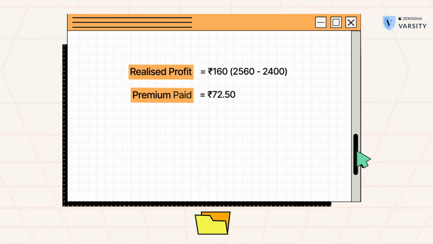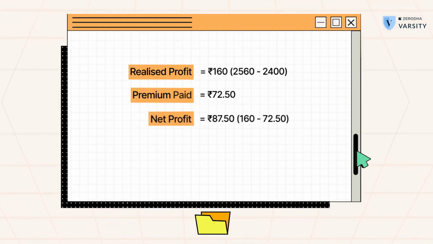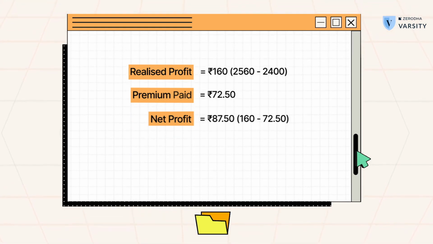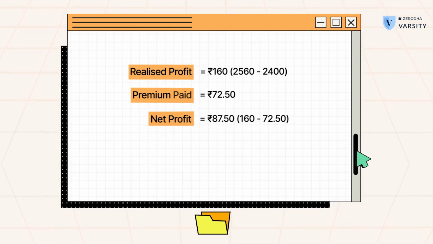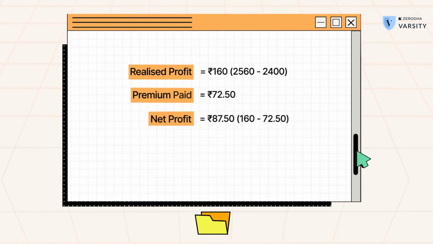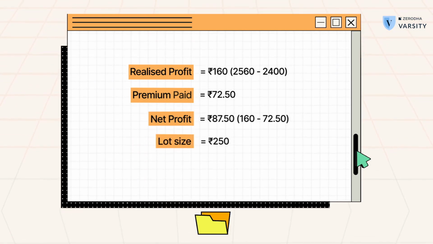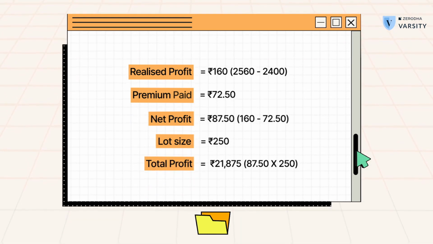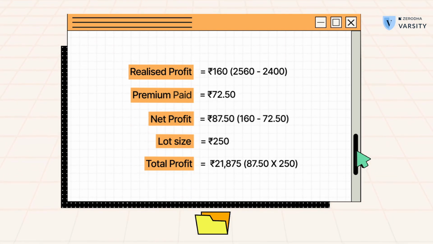So I will have to adjust the premium that I've paid and then arrive at my net profit here. So 160 minus 72.5 is my net profit, which is 87.5. Of course, 87.5 is on a per share basis. Remember, I've bought this in one lot size. Therefore, my profit is 250 into 87.5, which is 21,875.